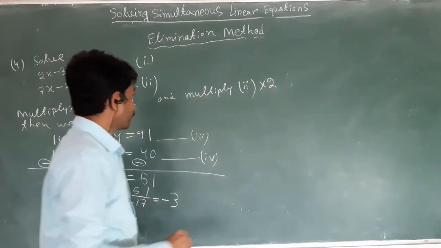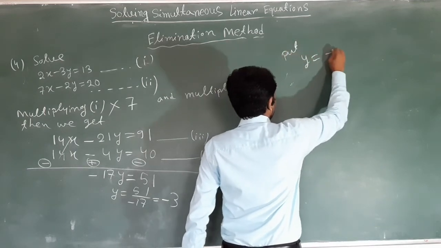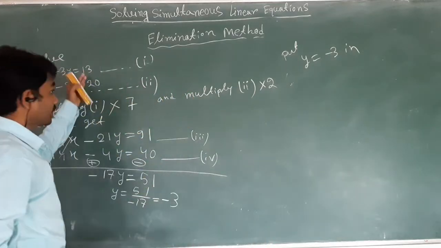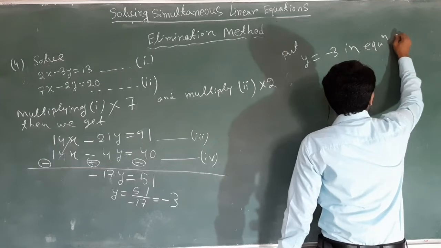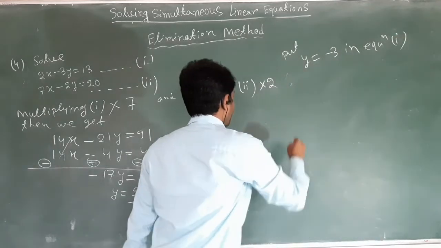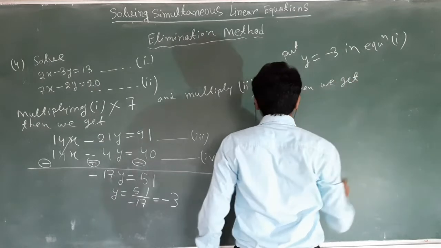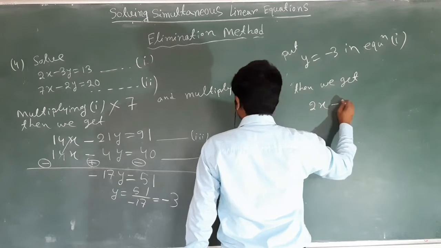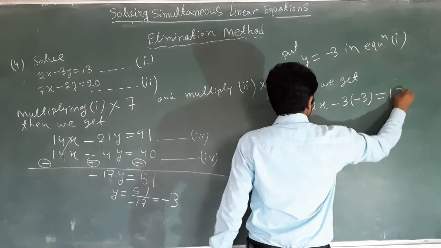Next we put y equal to minus 3 in any equation, first or second. In equation first, then we get 2x minus 3y is equal to 13.